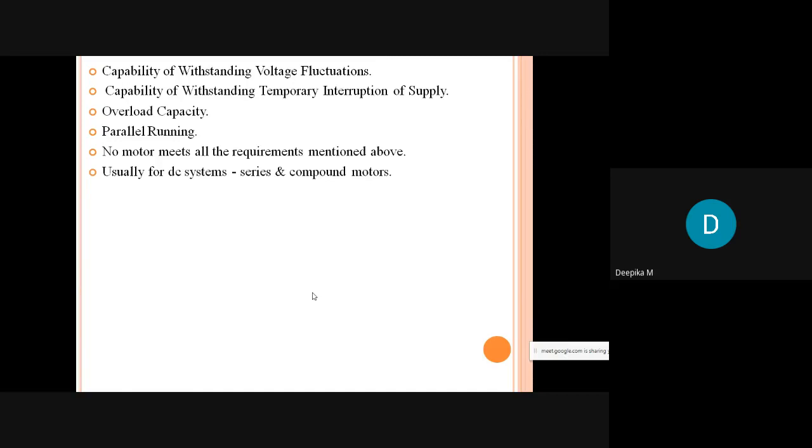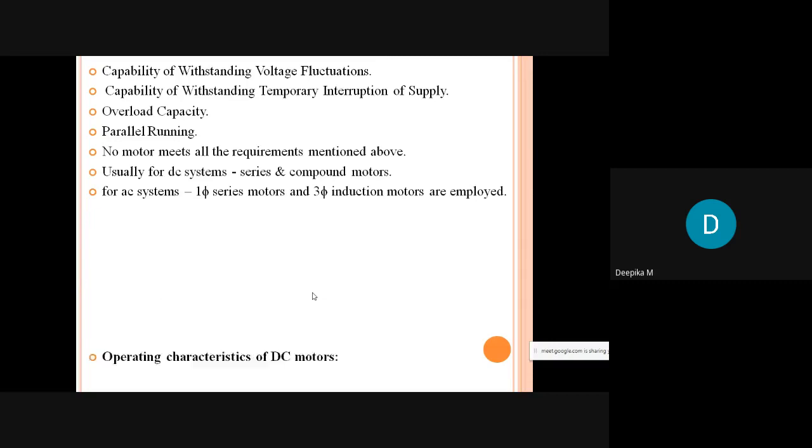For the DC system, that is, if the supply is DC, series and compound motors will usually be used. And for the AC system, we use either a single phase series motor or a three phase induction motor. These are some of the motors we use for the traction system.